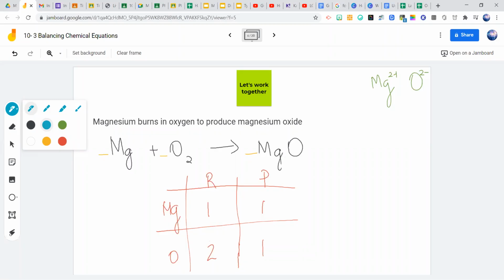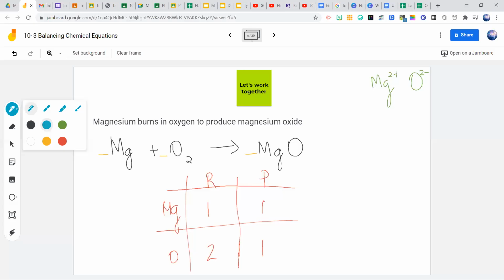Now, why do I need to balance an equation? Why am I going through all of this, ladies? The reason is because of what they call the law of conservation of matter. Some of you may have heard the saying that matter is neither created nor destroyed. All right, it's the same thing here.